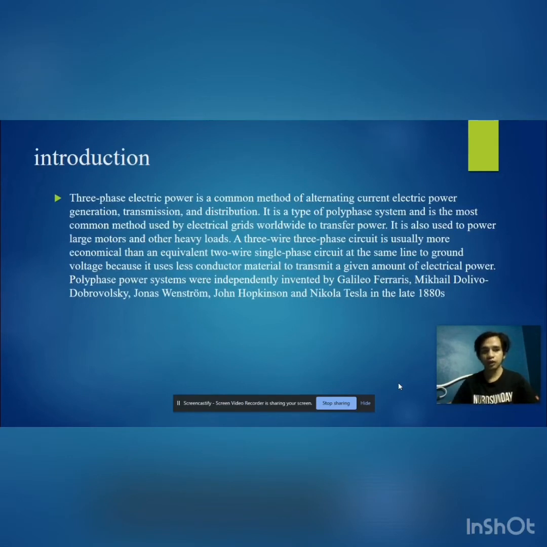For the introduction, three-phase electric power is a common method of alternating current electric power generation, transmission and distribution. It is a type of polyphase system and is the most common method used by electrical grids worldwide to transfer power.